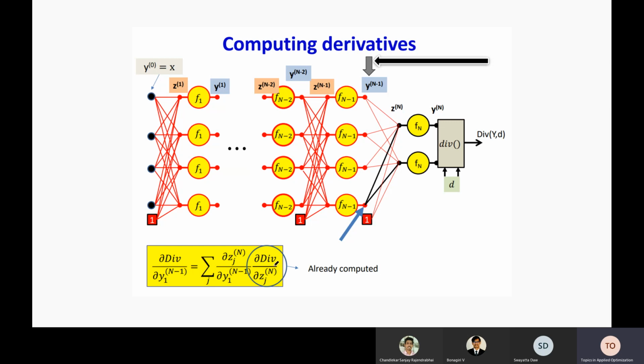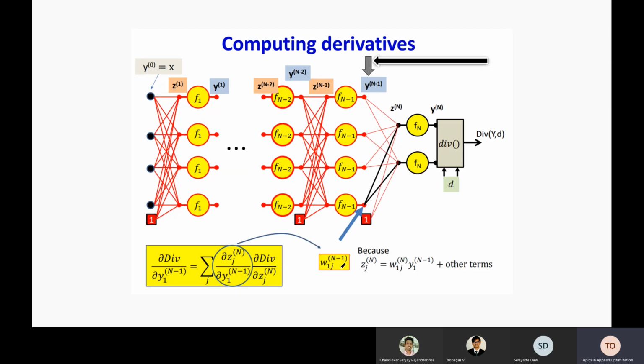Okay, so we already know these values. The Zn1 and Zn2, these values are known to us. And then these values also are known to us because Zjn are a linear combination like this, and then we have to compute the derivative with respect to y1 n minus 1.